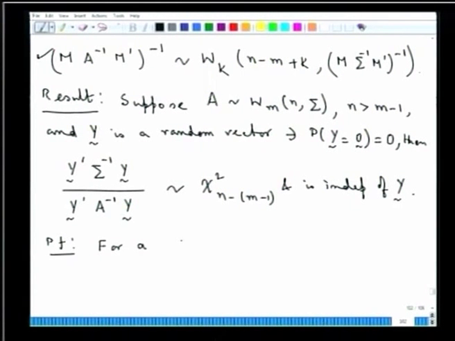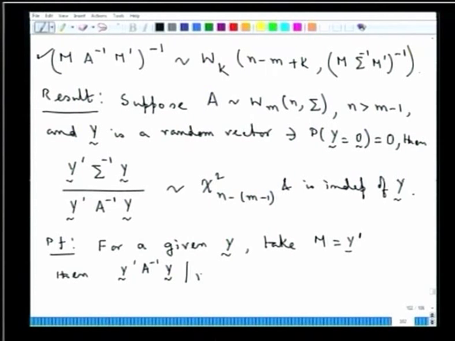The proof of this goes along the same line as the proof of the result for the Wishart distribution. For a given y, if we take this M in the result as y transpose, then we are using that particular result with M equal to y transpose.